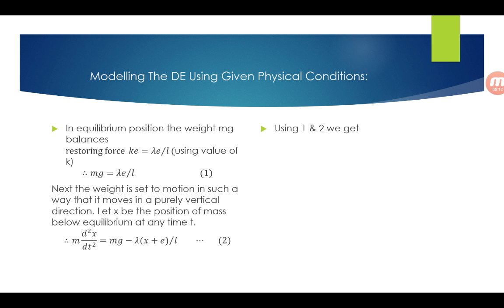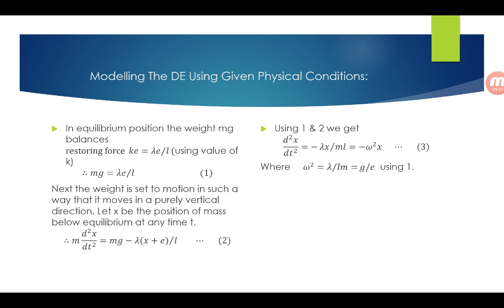Using equations 1 and 2, we can write m into d2x by dt square is equal to minus lambda x divided by L. We can divide throughout by m, which gives us d2x by dt square equal to minus lambda x divided by mL.